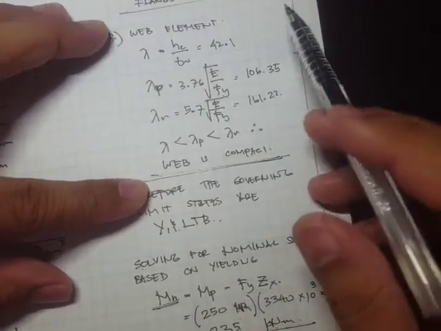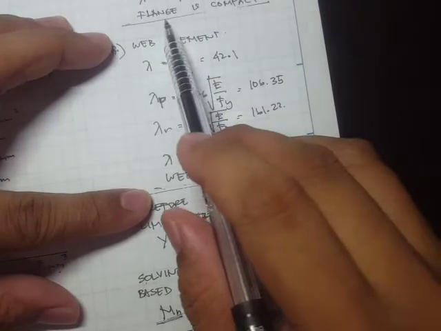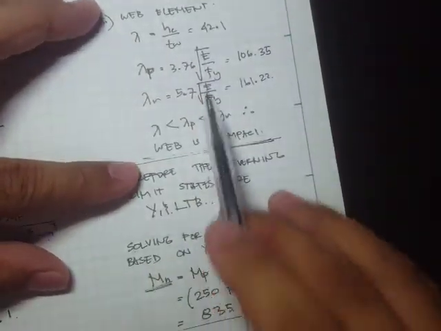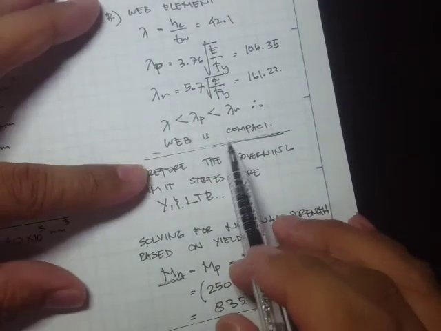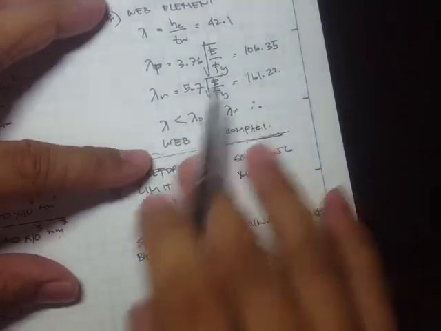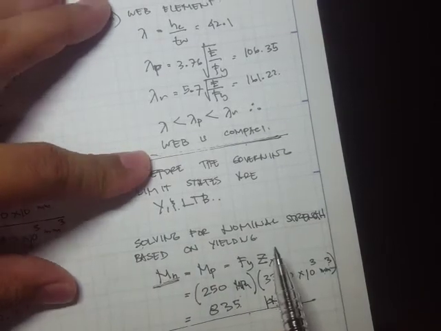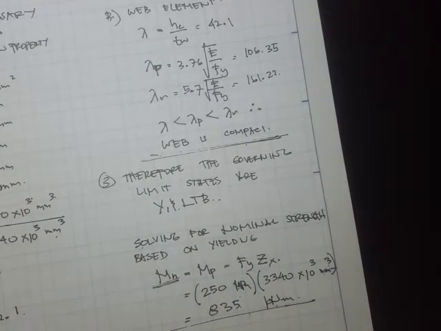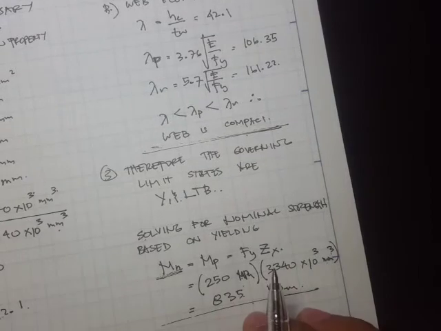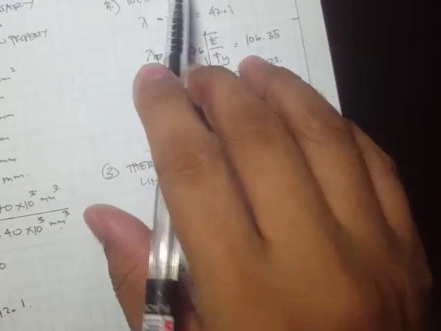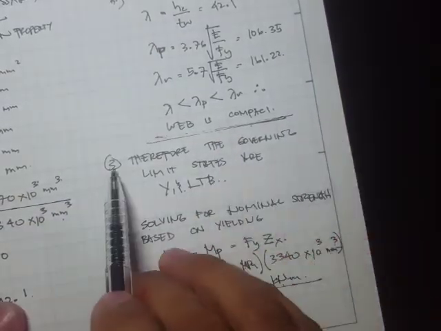If in your homework it turns out that the flange is not compact, or for example the web is non-compact, then we cannot apply the equations for the nominal moment capacity, because it's a different computation process.